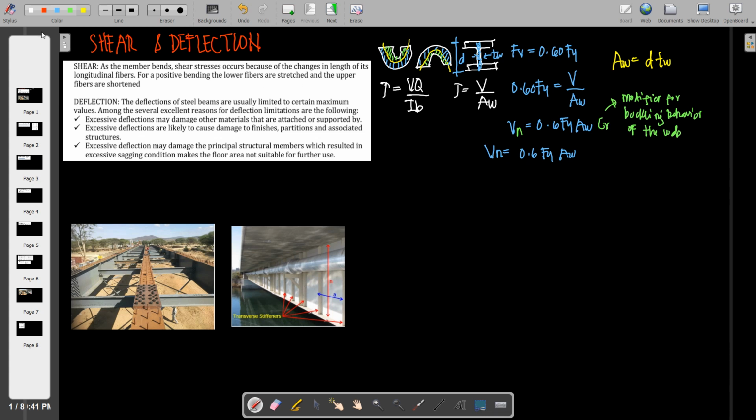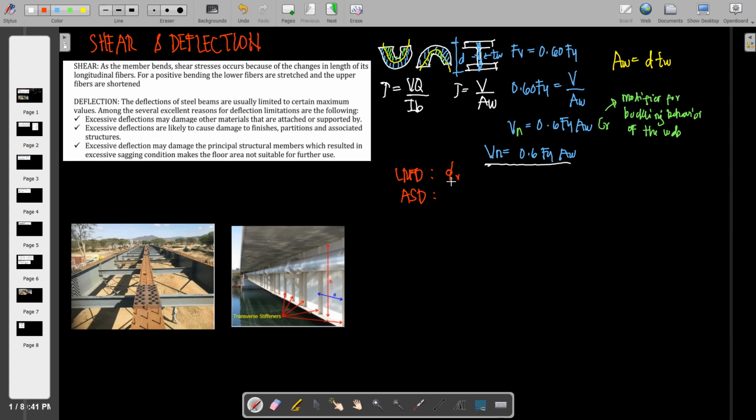Now, we have used this expression, the nominal, okay, so that we'll be having two procedures, the load resistance factor design and the allowable stress design, wherein normally LRFD is governed by phi, okay.